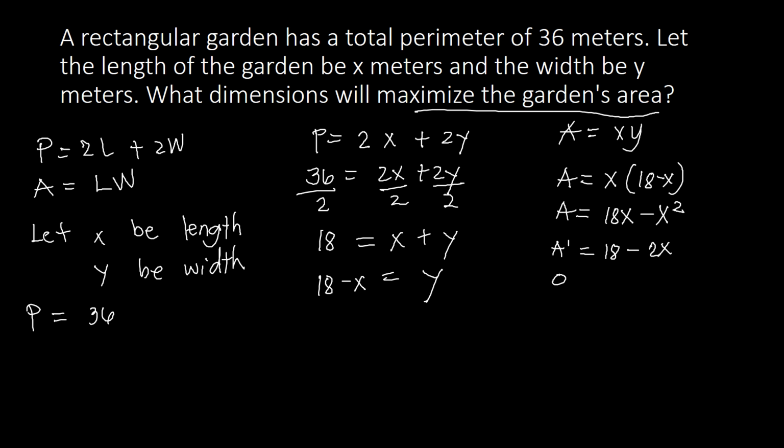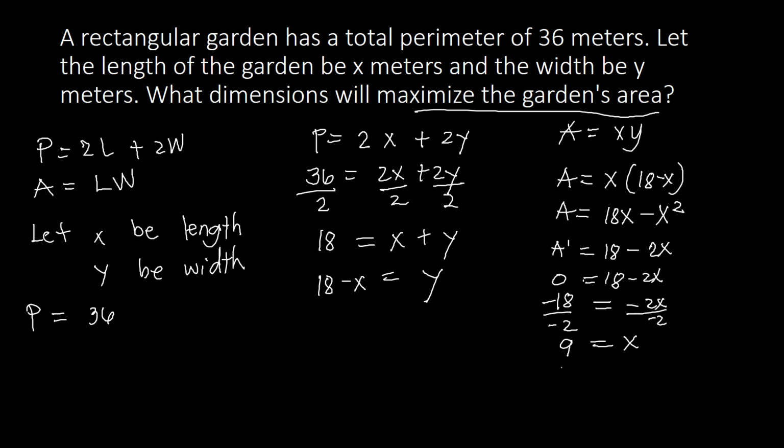So we set A prime to 0. That will be equal to 18 minus 2x. We solve for x by moving 18 to the other side by subtraction on both sides. So this will be negative 18, that's equal to negative 2x. Dividing by negative 2 to get our x, our x there is equal to 9.